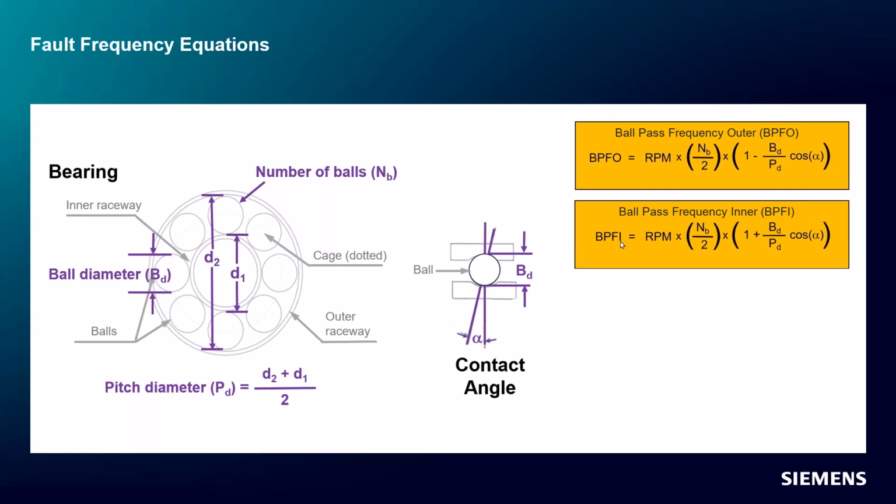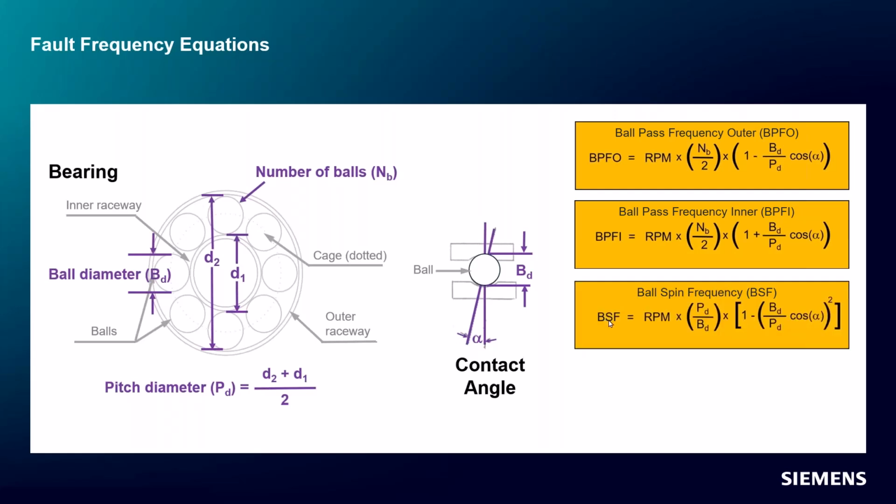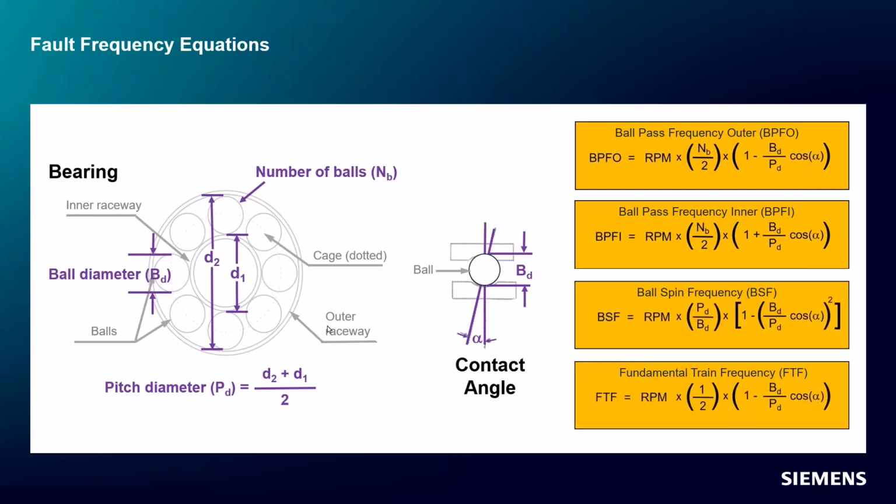The inner race, as the ball passes over the inner race of the bearing, this is the formula. And then you've got the ball spin frequency. And some of these bearings have a cage that holds the bearings in place that rotates around. And this is the fundamental train frequency of the cage that holds the bearing elements in place. It's got this little dotted line here to indicate what we're calling a cage there.